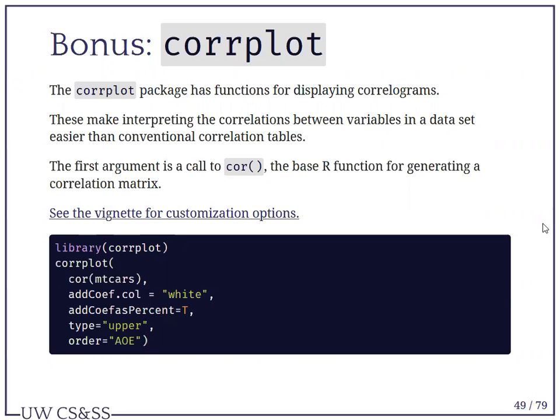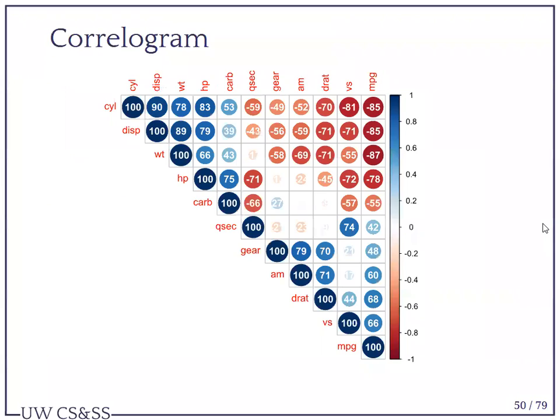The first argument to corrplot is a call to cor, the correlation function in R. And so here is a correlogram of that same data. And it's a lot easier to read than a lot of other correlation graphs and tables that we normally get.